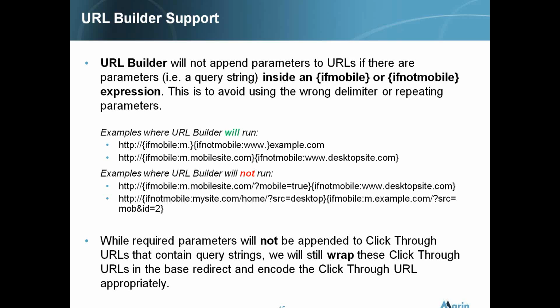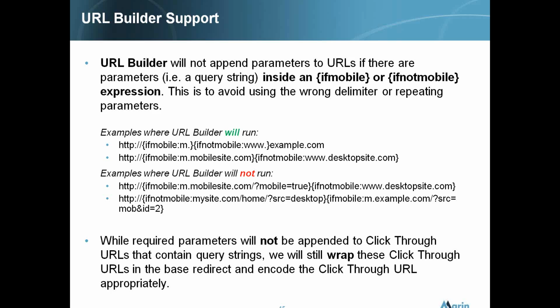If you do have additional parameters or query strings within the squiggly brackets, so again, here's an example under what will not run, m.mobilesite.com, and then the question mark and a parameter, so mobile equals true. Same thing with the desktop side.